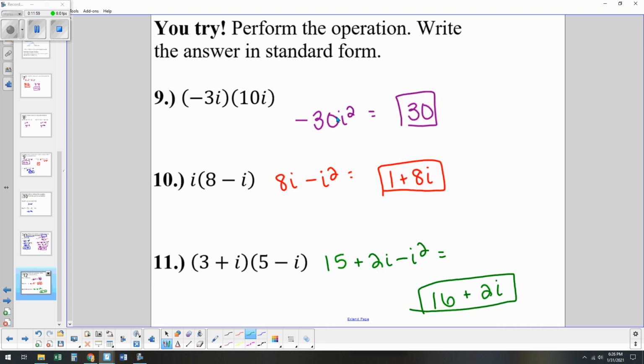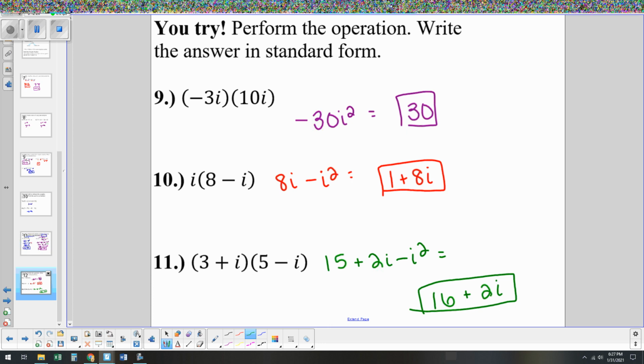If we hadn't gotten rid of the i squared, this would have been negative 30i squared, but that's negative 30 times negative 1, so that's positive 30. 8i minus i squared is like 8i minus negative 1, or 8i plus 1, so in standard form that's 1 plus 8i. And then this would end up being 15 plus 2i minus i squared, so that's like 15 minus negative 1, or 15 plus 1, 16 plus 2i. And that is our first lesson on complex numbers.